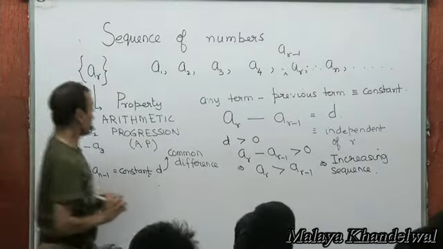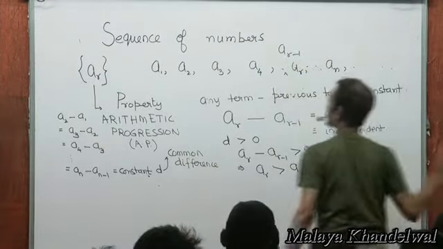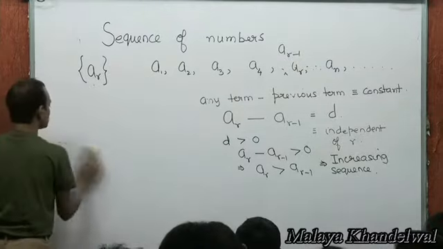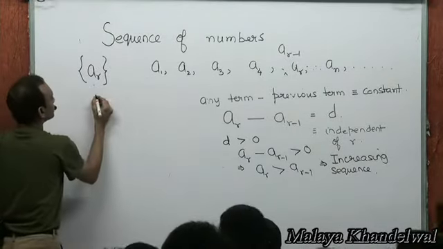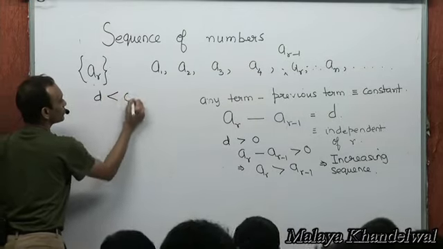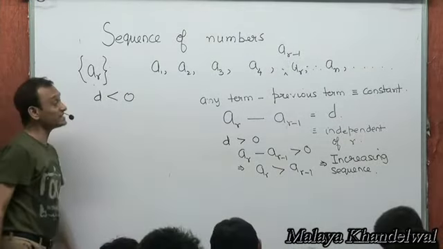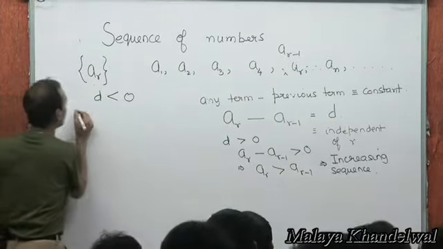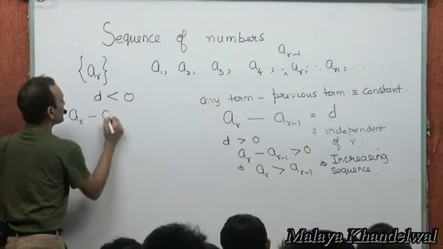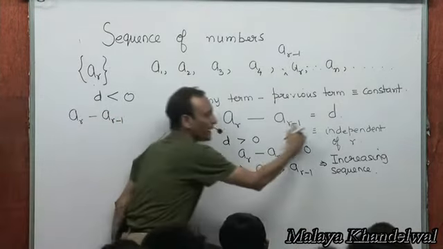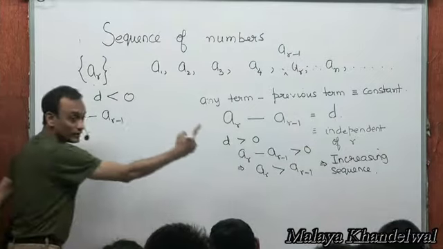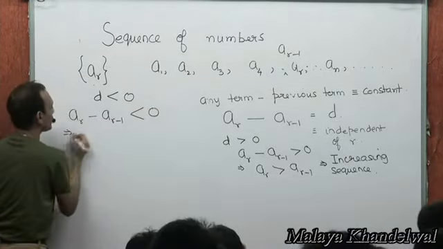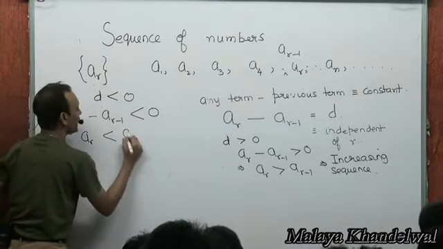Right? In contrast, if D is less than 0, that means the right hand side, the common difference, is less than 0, then AR minus AR minus 1 will be less than 0. Since the common difference is less than 0, AR will be less than AR minus 1.